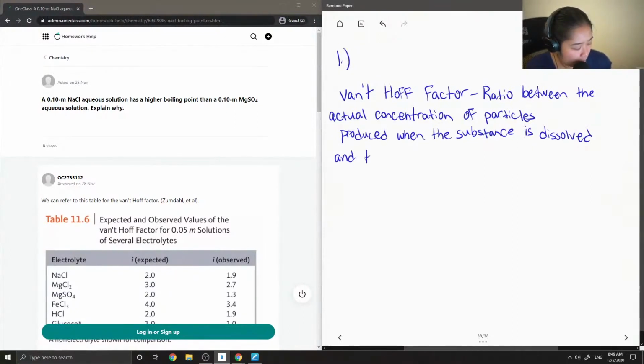and the concentration of a substance, so that same substance, that is calculated from its mass.